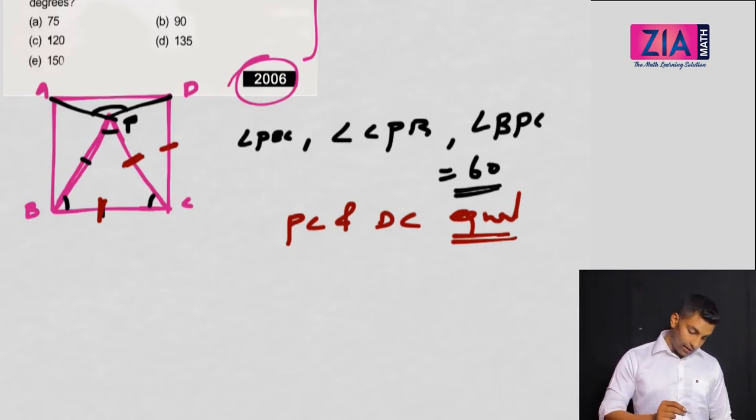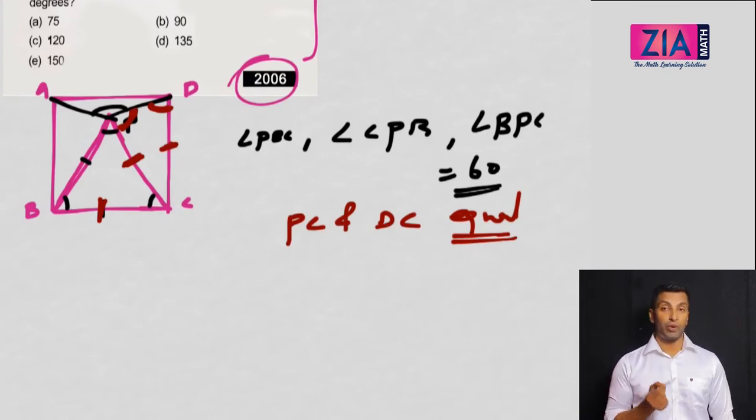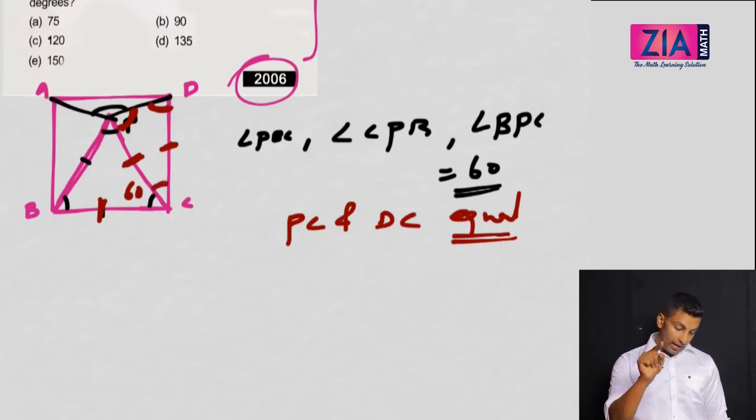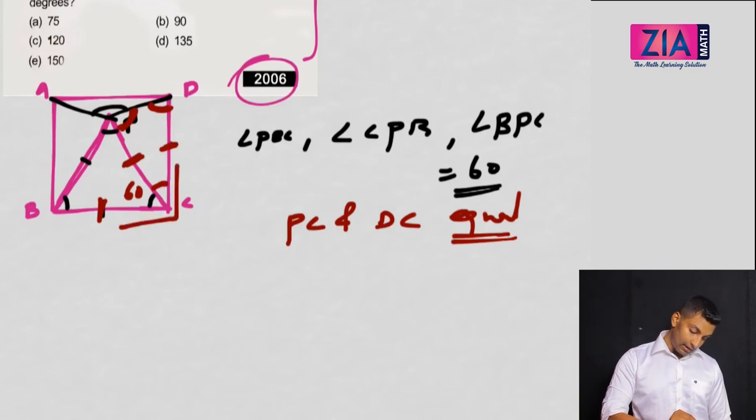Now how will you find, so opposite of this angle, and opposite of this angle. So these two angles will be the same. But how can you find it? So there is one way to find it, because we know this is 60. So can you find this? DCB is a right angle, right? So here it is right angle. So when this is right angle, that is 90 degree. So we get this as 30.